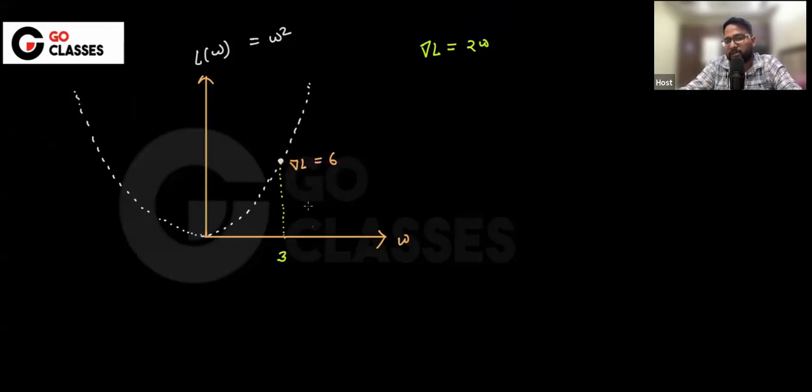It is the positive direction. So what does our rule say? If we go in the direction of the gradient, the function should be increasing or decreasing? So this is the direction of the gradient.